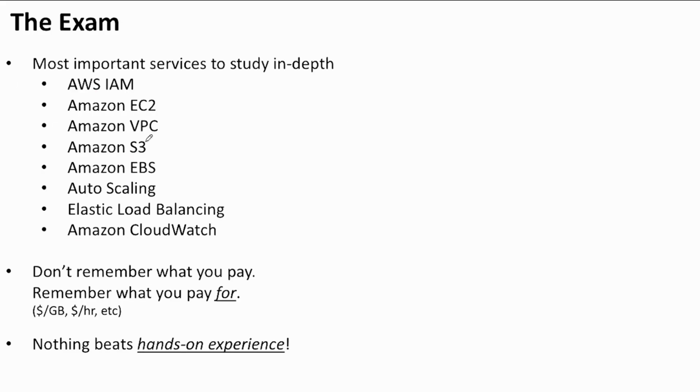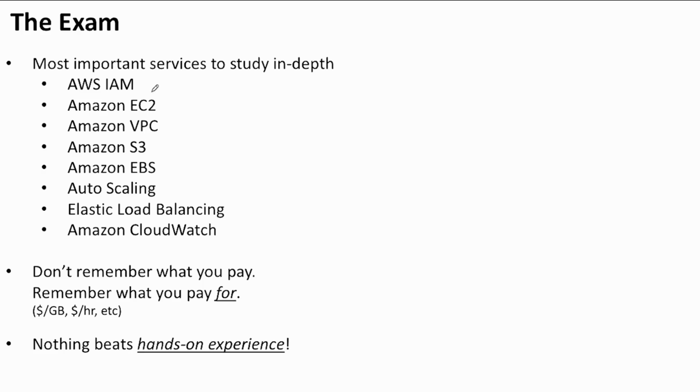From my experience, both having taken the exam and having worked with Amazon Web Services for the last 7 years, I can say that while this is not a comprehensive list of things that you need to know for the exam, if you're going to go on from here and study things in depth, these particular services are probably the most important services that you need to study and memorize and ingrain a lot of technical detail.